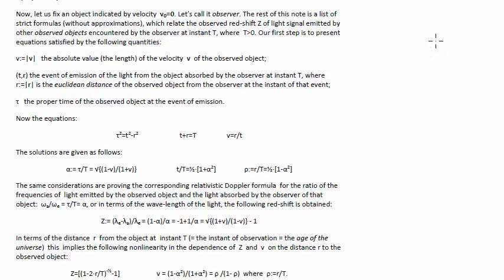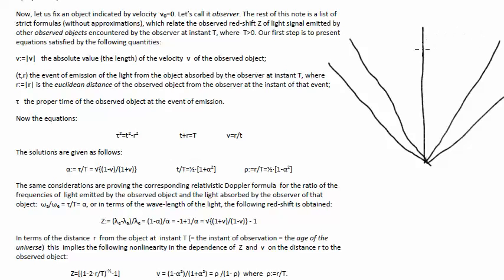Okay, now let us fix an object by our velocity v sub naught equals 0, and let us call it an observer. The rest of this note is a list of strict formulas without approximations, which relate the observed redshift z of... Let me draw a couple of points here and a line, and another line there, and then we'll draw a hyperbolic arc through here.